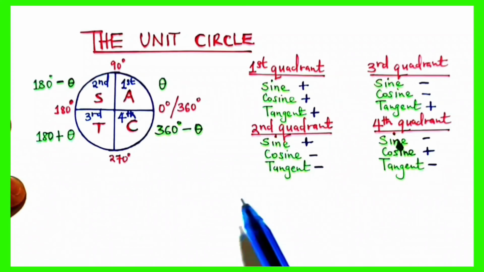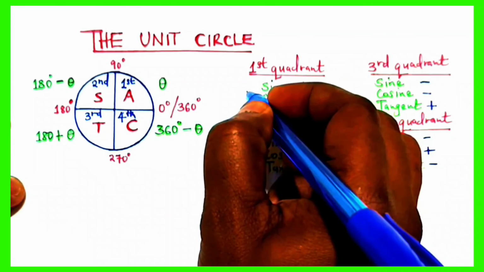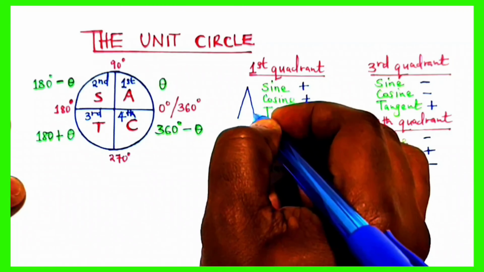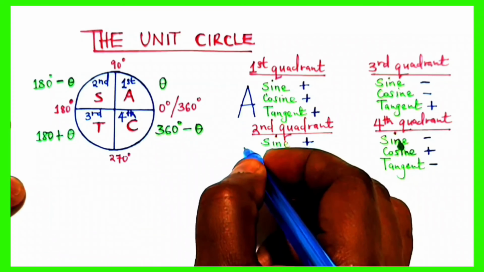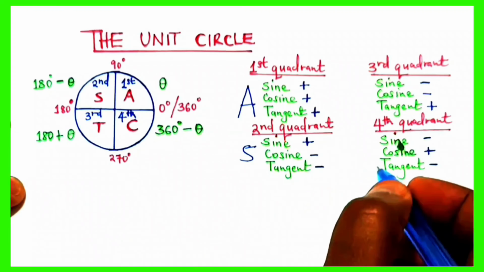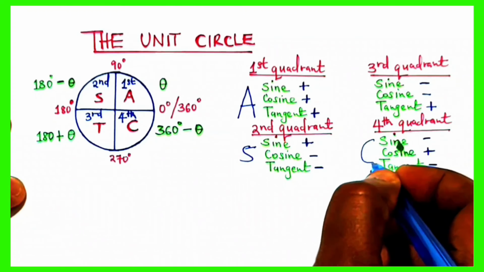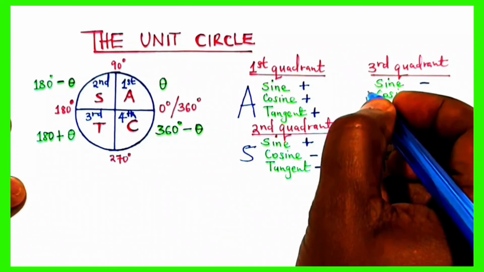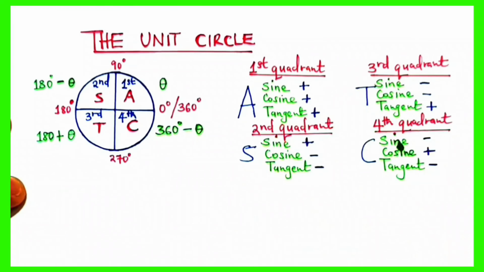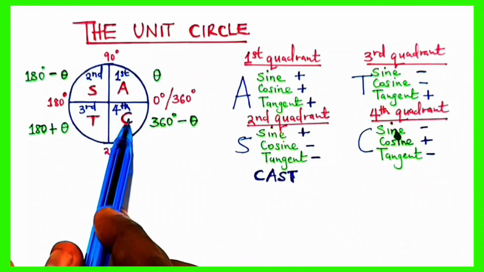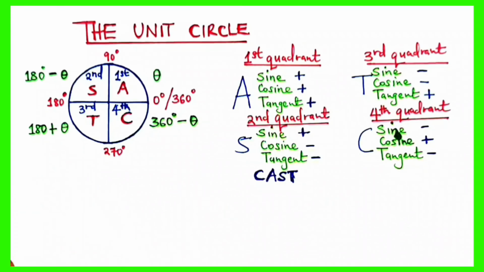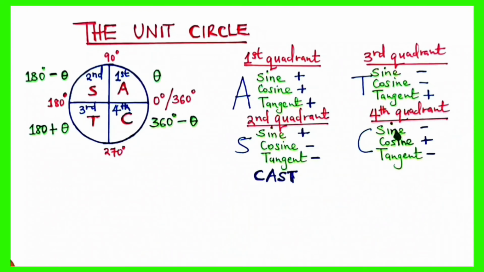So when you talk of CAST, we are talking about all, and then here there is sine, and then there is cosine being positive, and then there is tangent being positive on this other side, and therefore it leads us to have the word CAST, that is moving in anti-clockwise direction from the fourth quadrant to the third quadrant, to remember what is needed there.